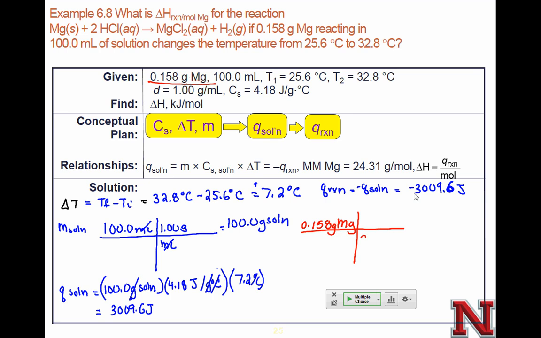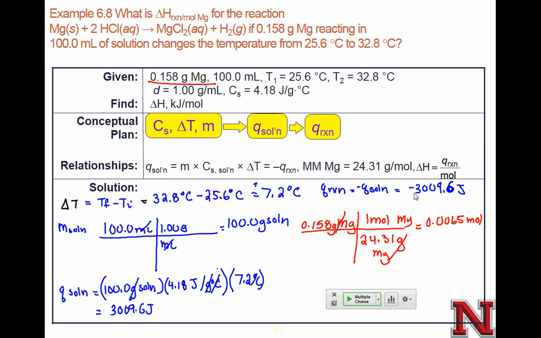So we know the molar mass of magnesium is 24.31 grams for 1 mole. So we can calculate the amount of moles of magnesium that we started with. So we didn't start with a whole mole, we started with less than a mole.